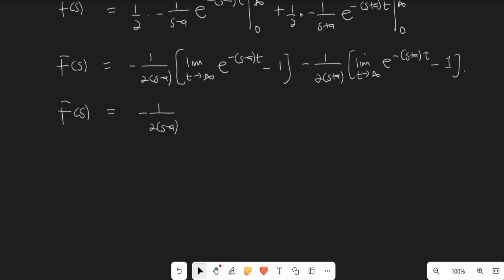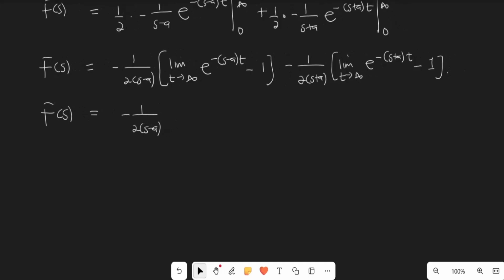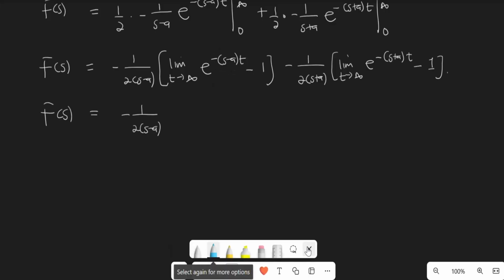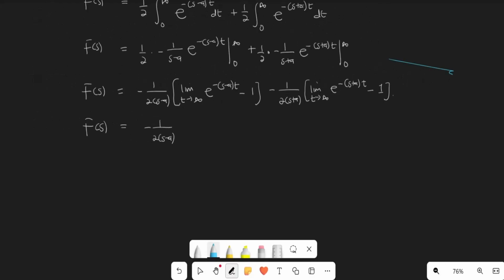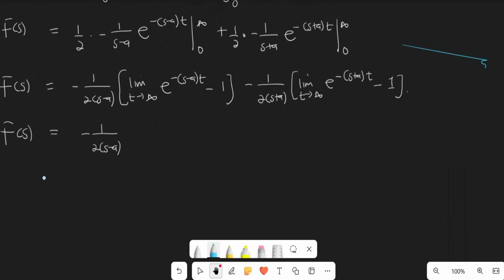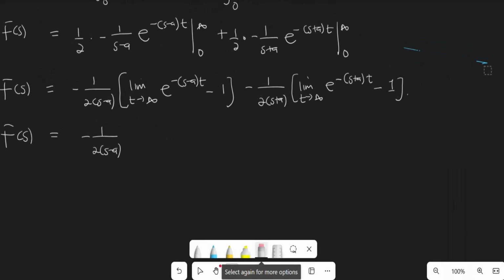Now as t is approaching infinity, this one is going to be approaching negative infinity, and now everything here is going to be approaching 0. The assumption that I'm using for this is that s is strictly greater than a. So the assumption here is that s is strictly greater than a.